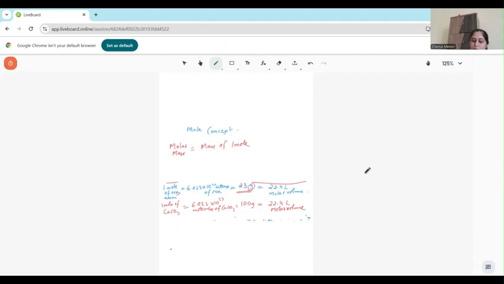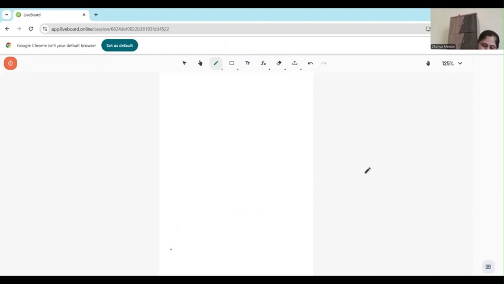Moving on further, this 1 mole of any substance contains 6.023 times 10 raised to 23 particles. I'm just writing it in generalized form, particles, and you know it can be atoms, molecules or ions.